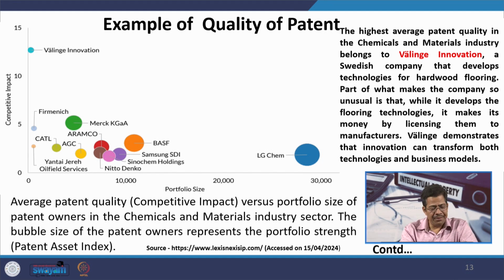And here you have an example which shows the role of quality versus quantity. We have various names of companies in the field of the chemicals and materials industry, and you can see on the screen there are bubbles of different sizes. The size of the bubble indicates the size of their IP portfolio.